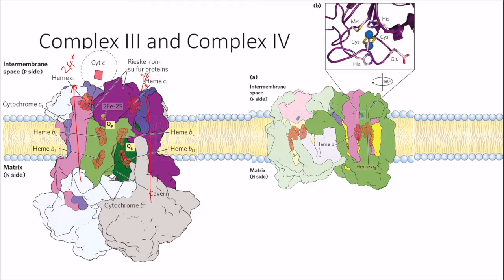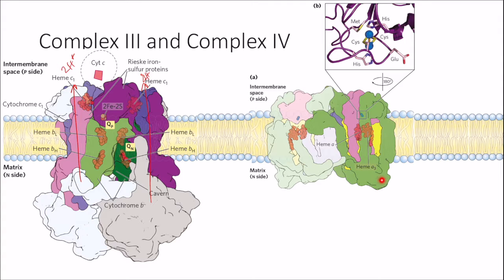Cytochrome C will bind to the complex, and then it will transfer an electron onto the copper A center. The electron is then transferred to heme A, and then from heme A, it is transferred onto heme A3.